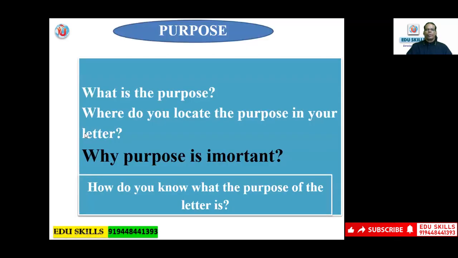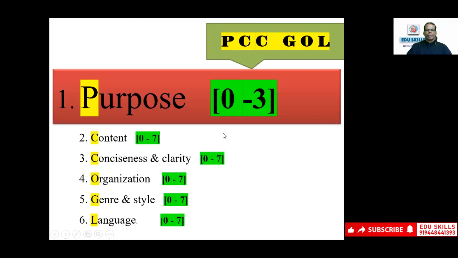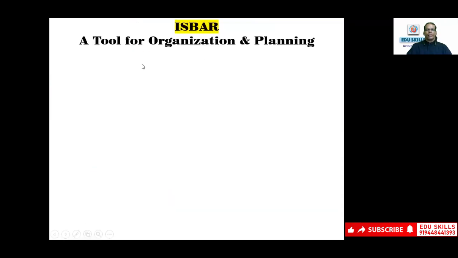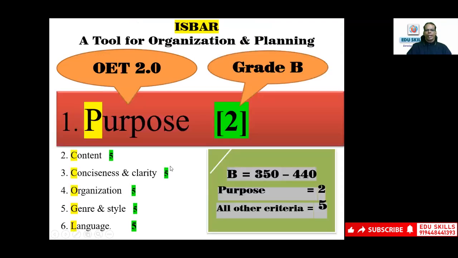Purpose is scored 0 to 3. You have to get a 2 out of 3 if you want to reach B. As I told you in the ISBAR, there are 6 segments of assessment, and in 5 of them you have to get a 5 out of 7.